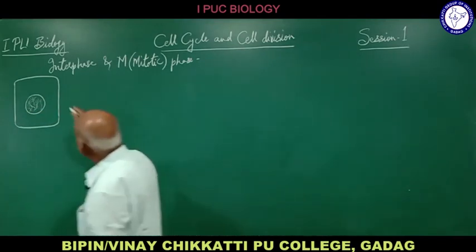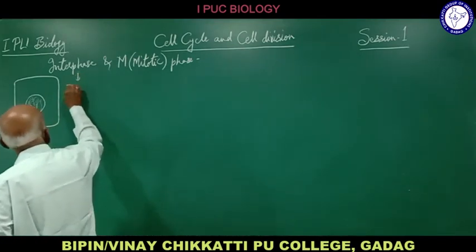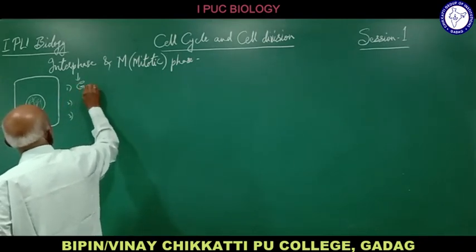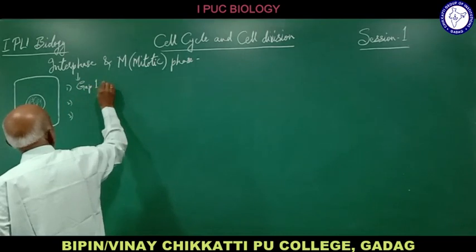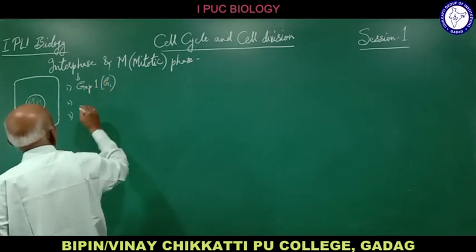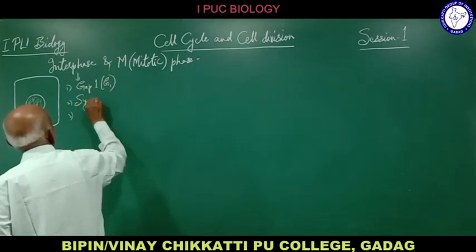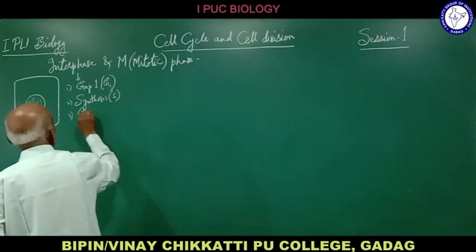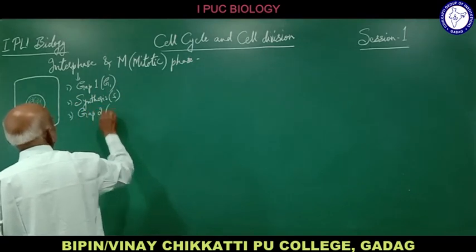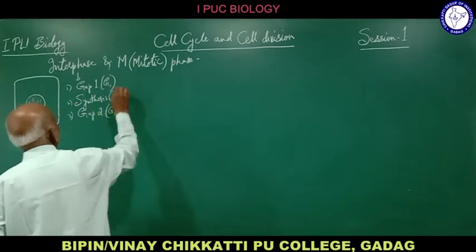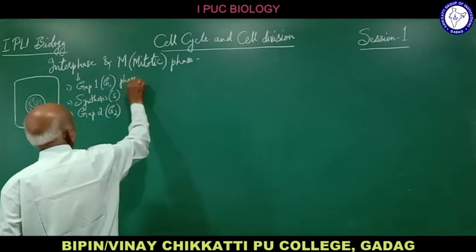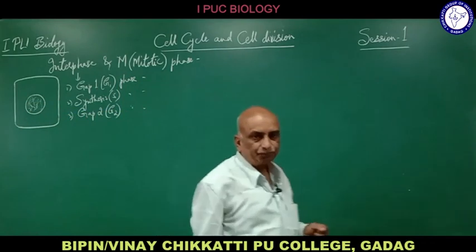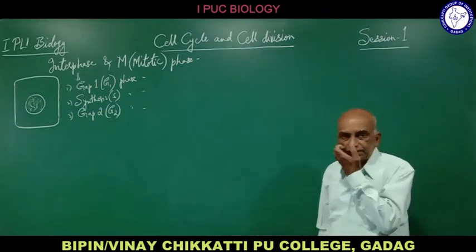Those three steps are: one is G1 phase or gap 1 phase, synthesis phase or S phase, and gap 2 phase or G2 phase. So these are the three steps of interphase where the cell prepares.